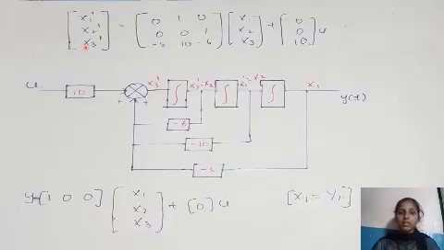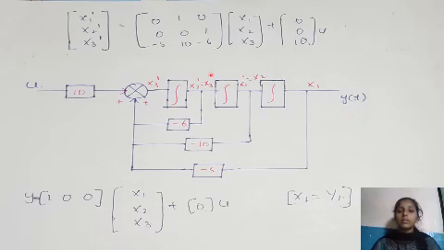In this form, x1 dash, x2 dash, x3 dash are the variables, the matrix is 0 1 0, 0 0 1, minus 5 minus 10 minus 6, multiplied by the variables x1 x2 x3, plus 0 0 10 for the input. There is no u term in equation 1 and equation 2, so the u term is only in equation 3, that is 10 into u.